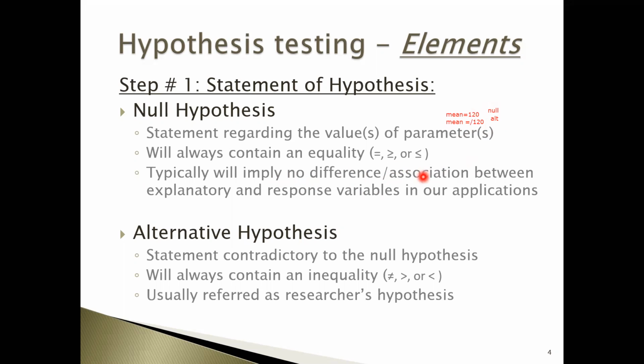If someone is using the word association, for example, that smoking leads to lung cancer, it means smoking causes lung cancer. There is an association of the smoking status and the lung cancer status.